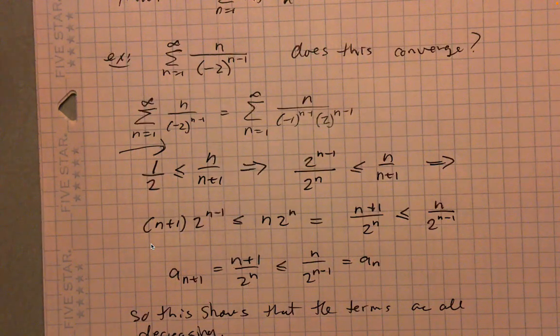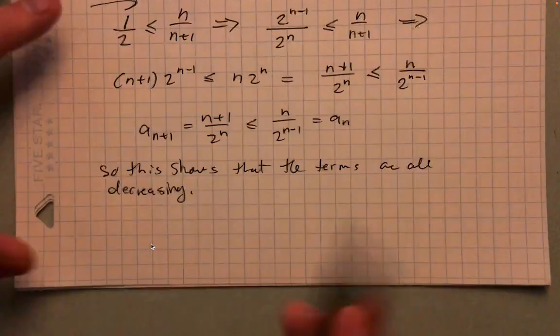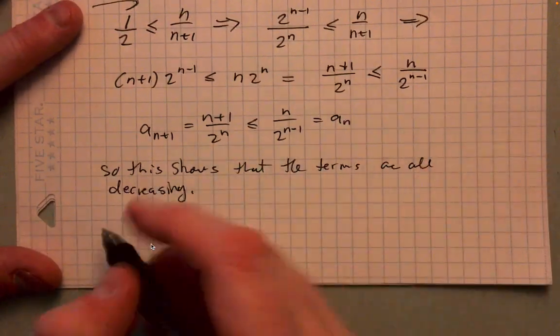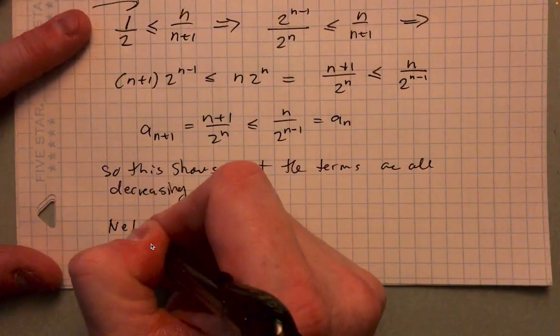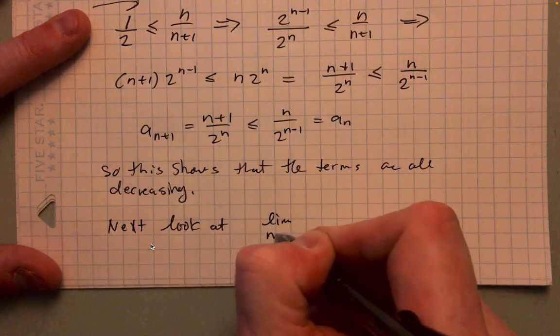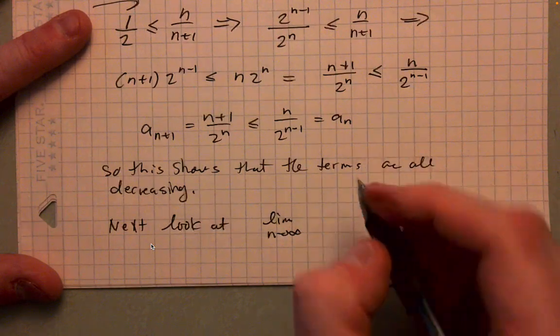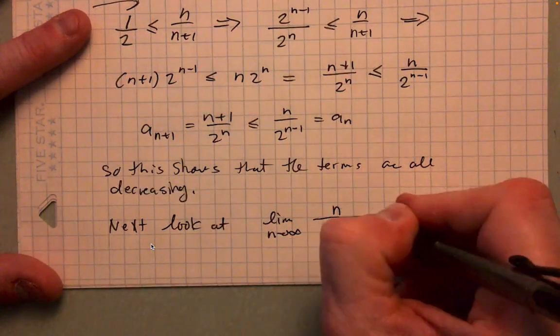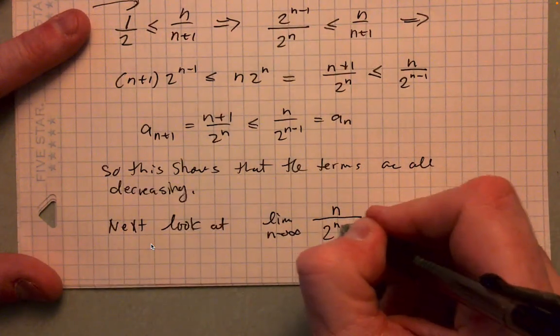So next, the question is, what about the limit of the nth term? Right, and so next we need to look at the limit as n goes to infinity of basically n over 2 to the n minus 1.